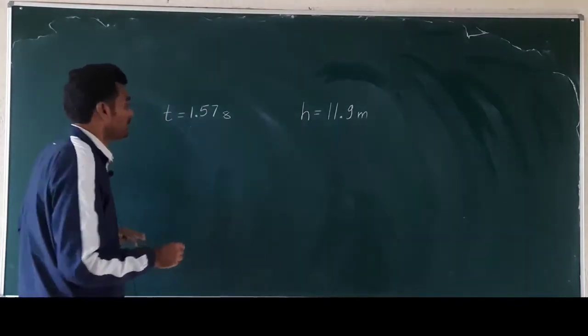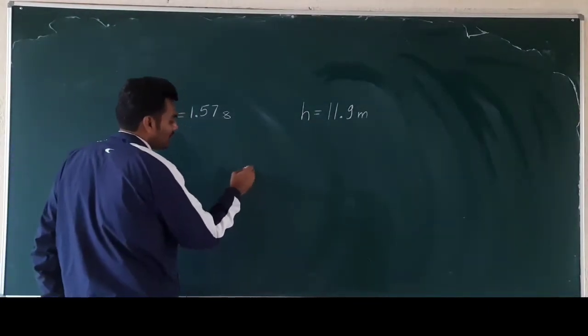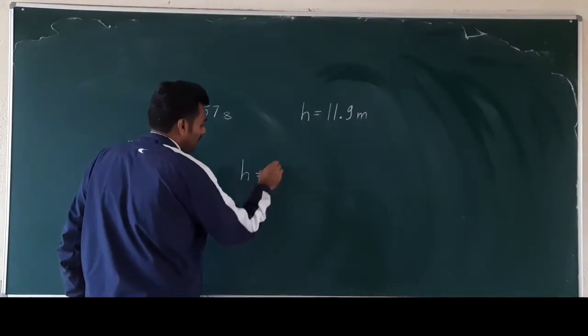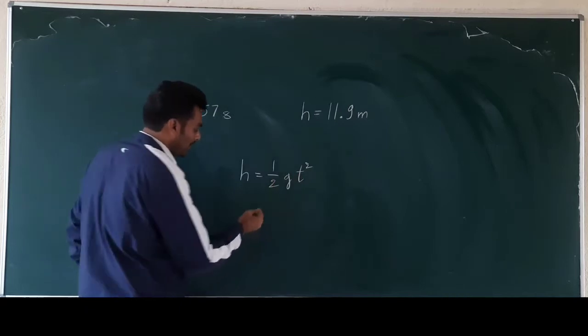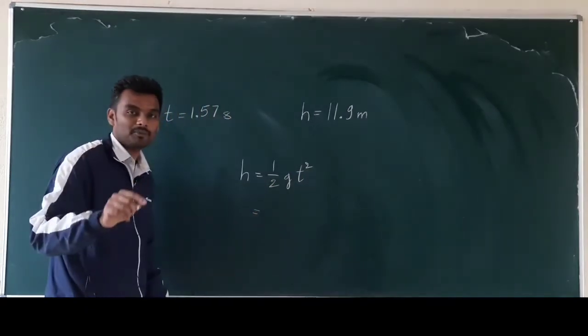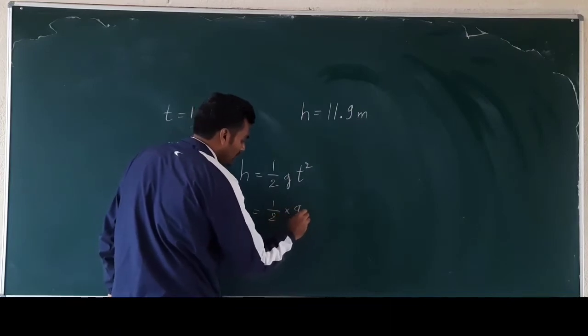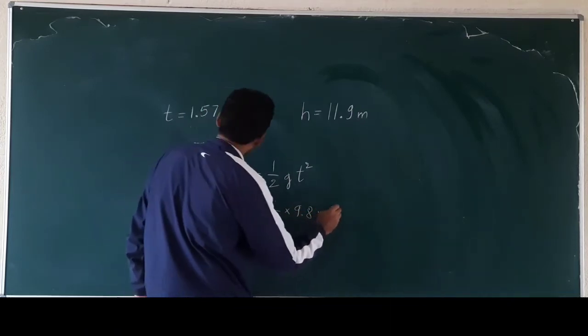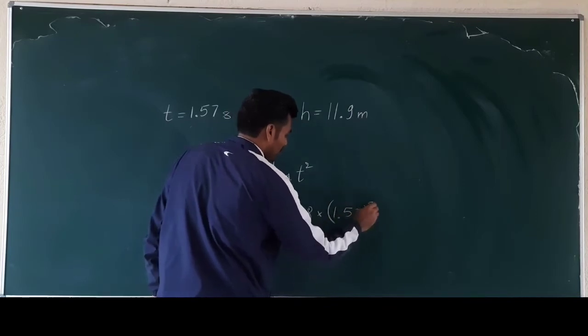Okay, let us continue. We saw that the formula that we just took is h is equal to half g t squared. What is g? Acceleration due to gravity, the value of which is 9.8. So it is half into 9.8 into 1.57 squared.